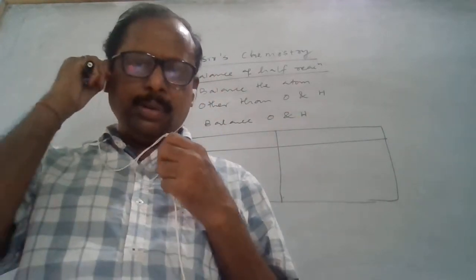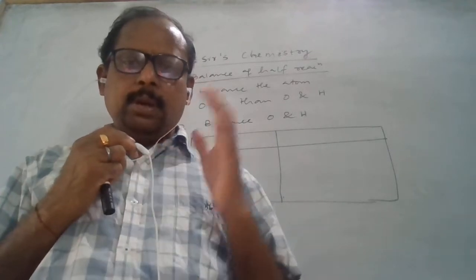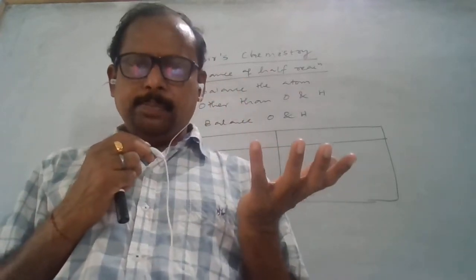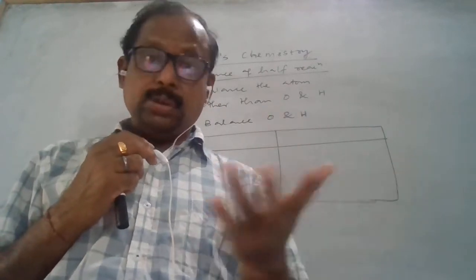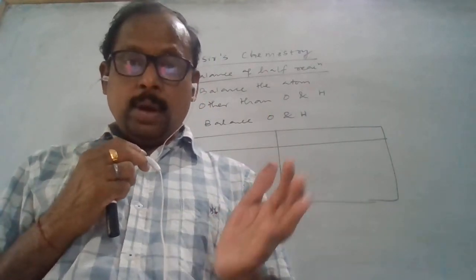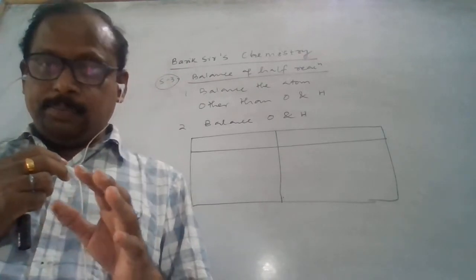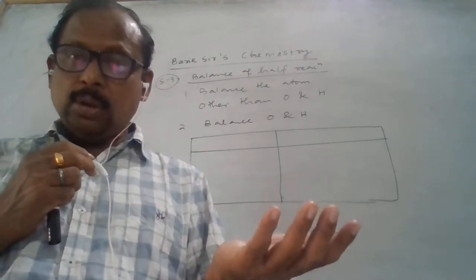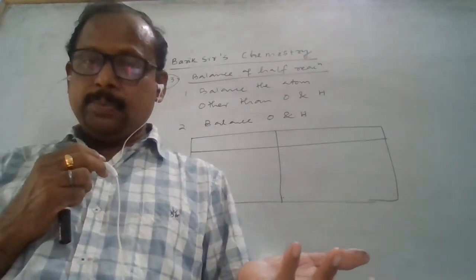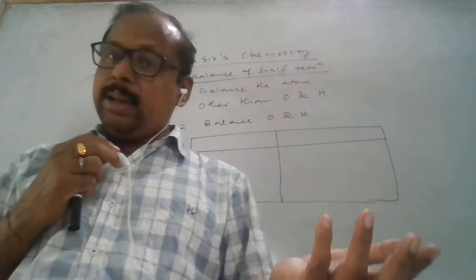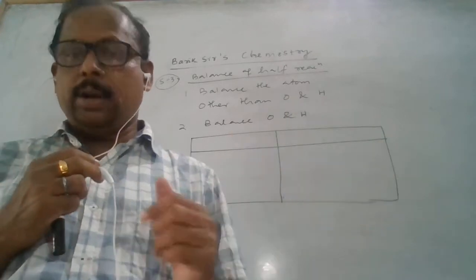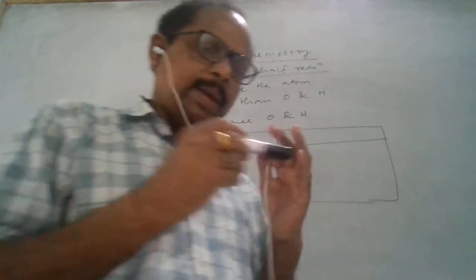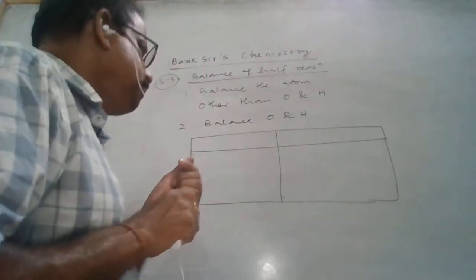If it is an acidic medium, there will be surplus H plus ions, and we can balance with the help of H plus. If the medium is alkaline, there will be surplus OH minus ions, so with the help of OH minus ions we can balance the oxygen and hydrogen. That's why it is very important to know the medium.